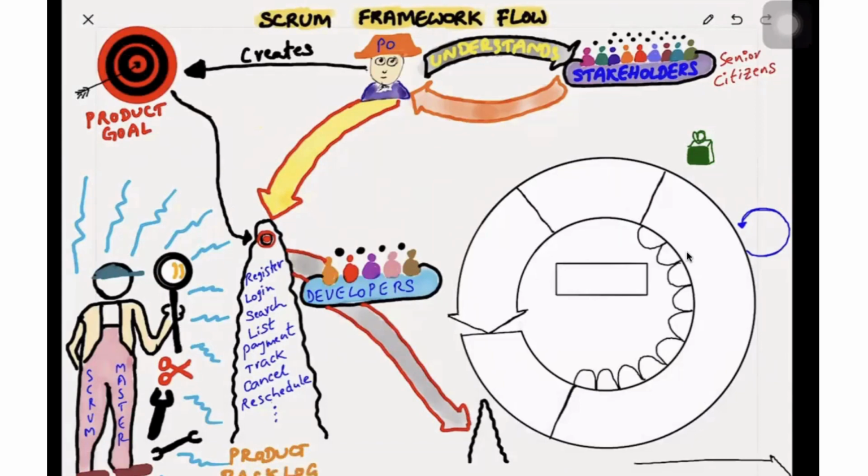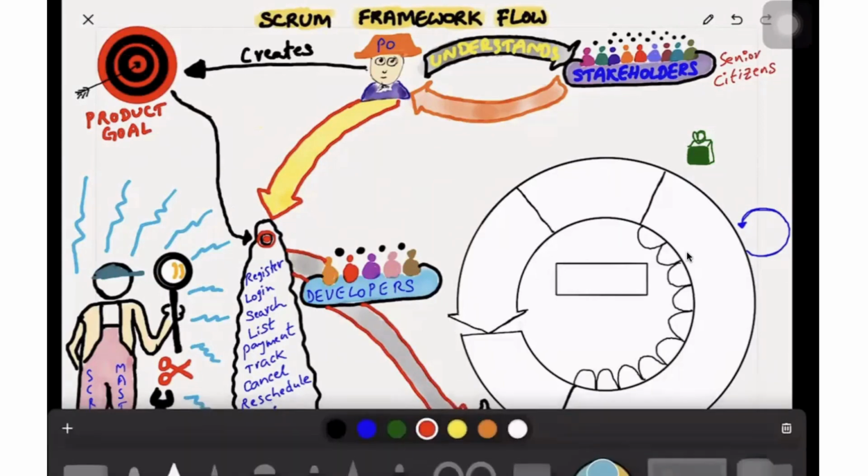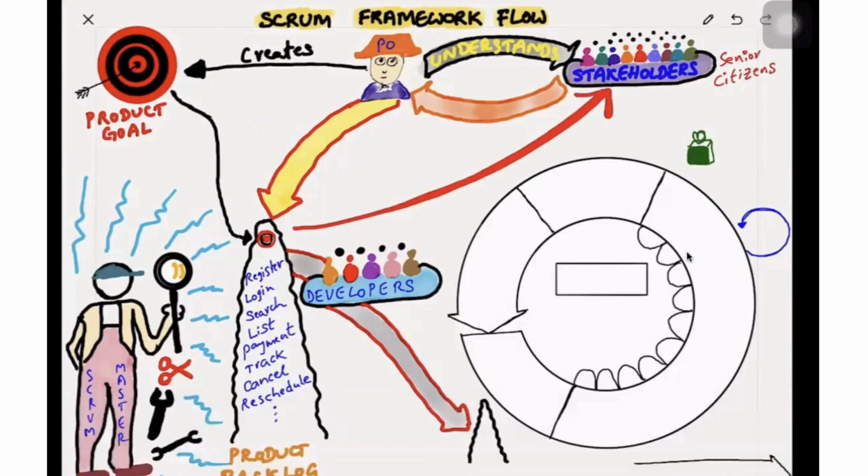For example, this product goal is to help all the senior citizens who are living alone without any support to manage their medicines seamlessly, cost-effectively, comfortably, safely, securely, and timely, which is a complex goal. For a complex goal, it is difficult to identify all the requirements at the beginning itself, because complex means unknown is more than known.